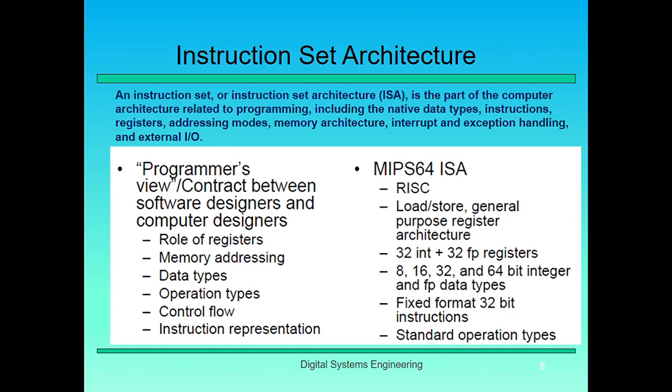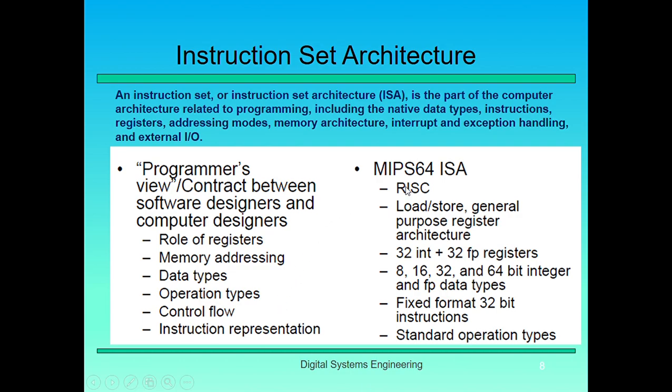Okay, so instruction set architecture. An instruction set or instruction set architecture, ISA, is a part of computer architecture related to programming, including the native data types, instruction registers, addressing modes, memory architecture, interrupts, exception handling, and external input output modules.